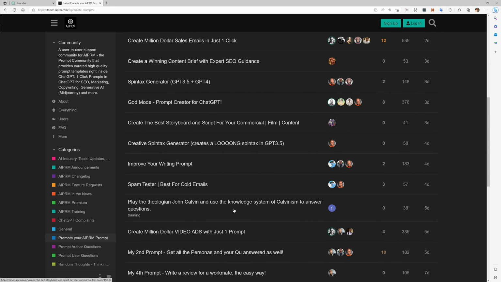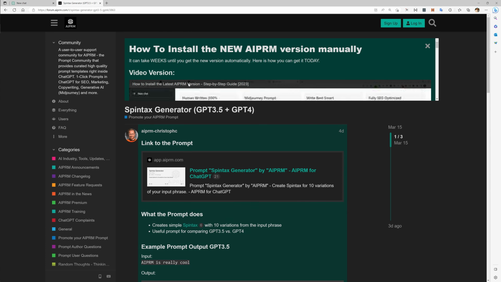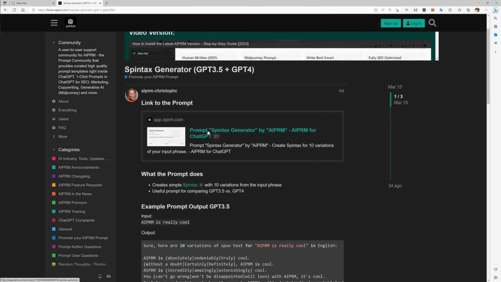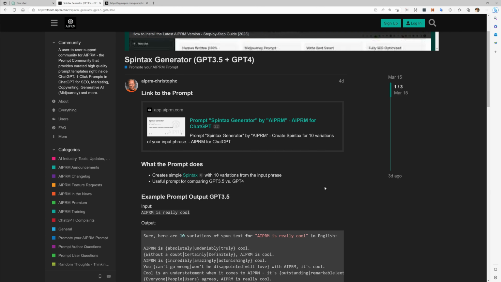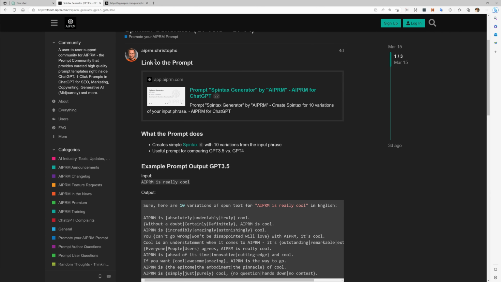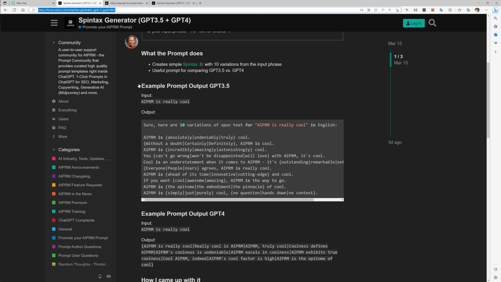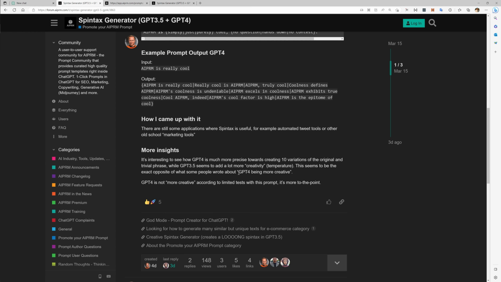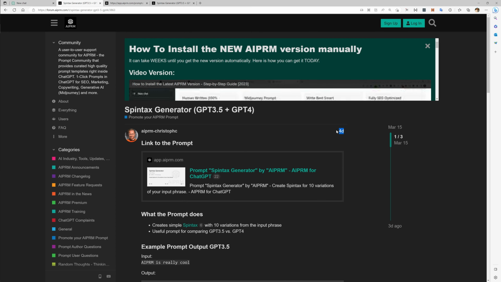Making sure that you have a prompt that is not only linked, oops, what's that? A broken link, sorry, to the website. So this is something I need to go in. Let me move this one aside for later. And to give an example of the output for GPT-3.5, give an example for the output for GPT-4, and this is just 4 days old.